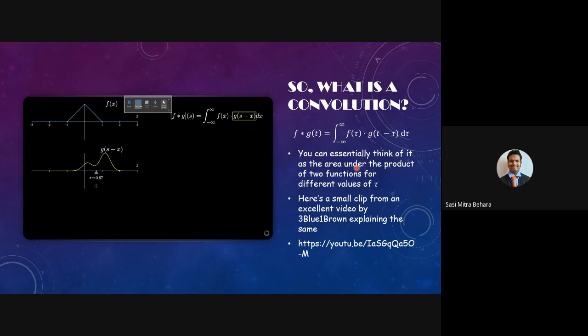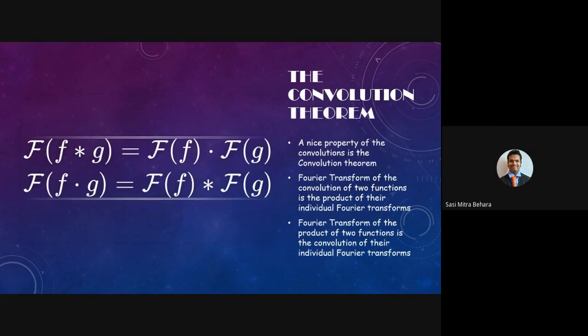Now, how convolutions are relevant for us here is specifically the convolution theorem of the Fourier transforms. These two formulas simplify it. This asterisk in the middle is the symbol for a convolution, and this centered dot is a normal product.